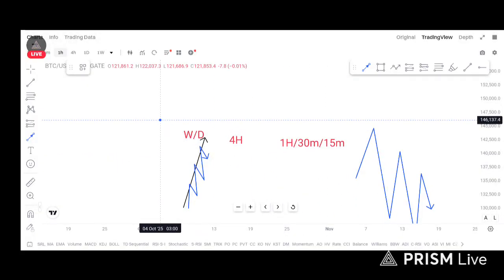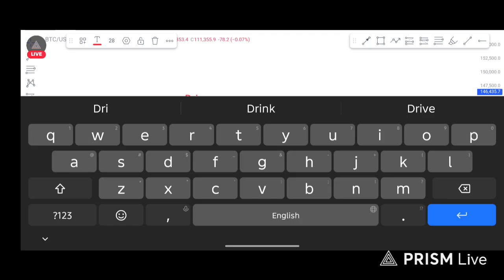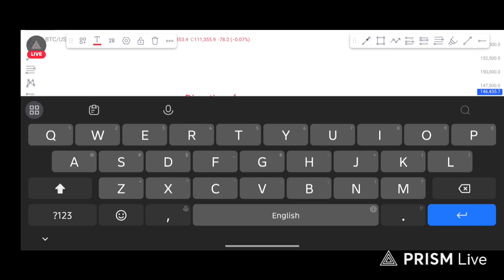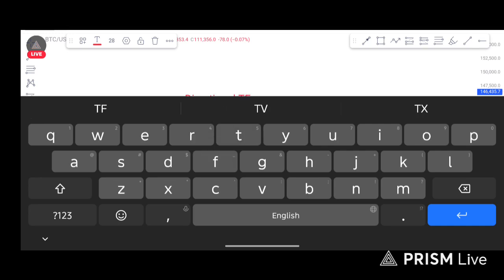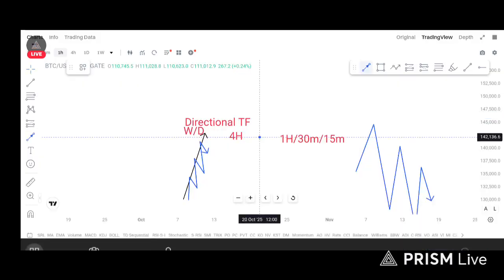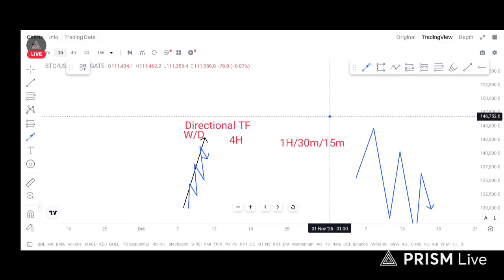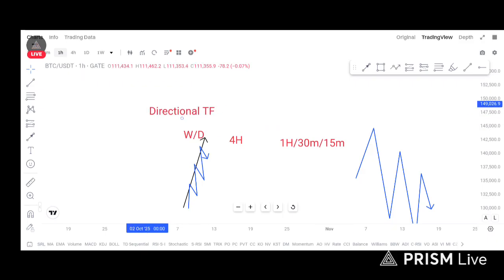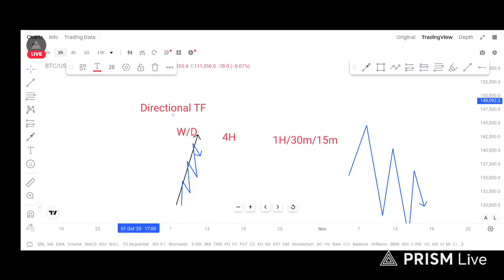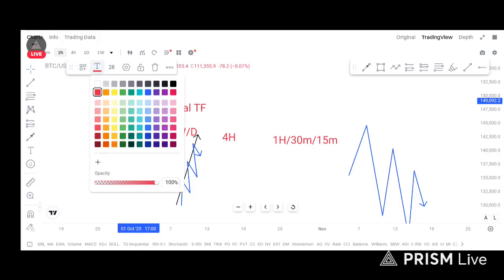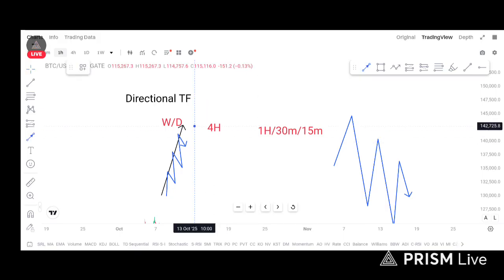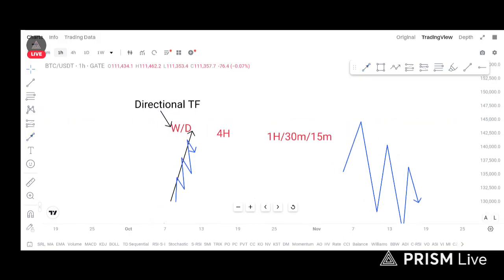So let me put it into writing. These guys are our directional time frame.